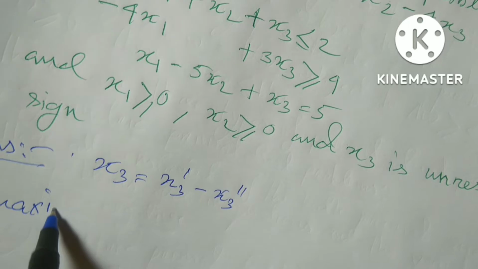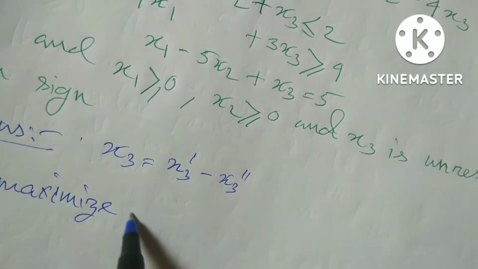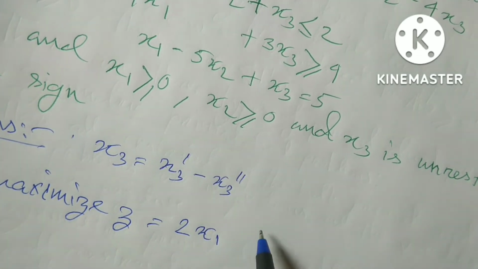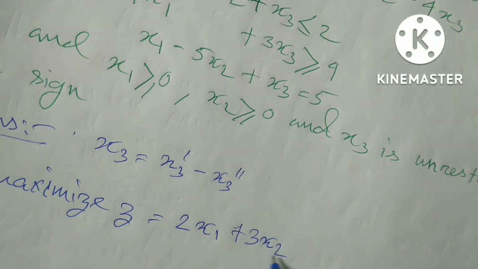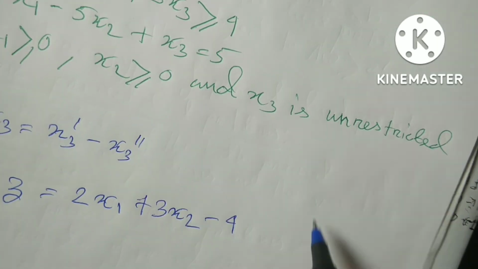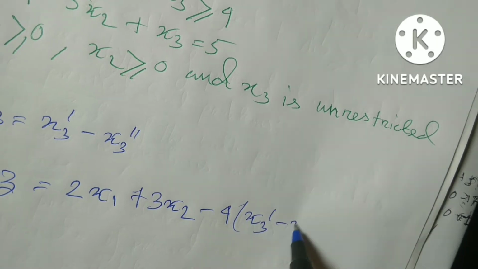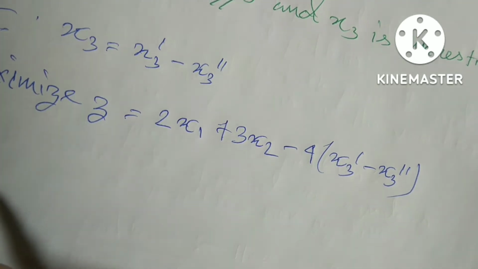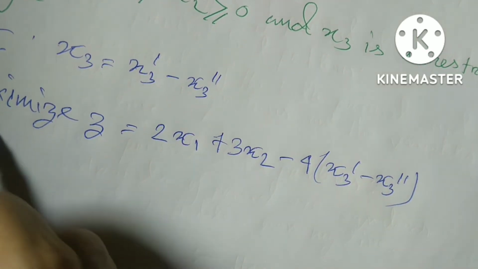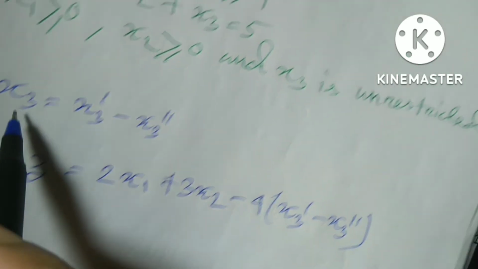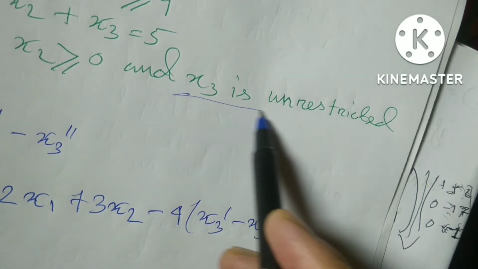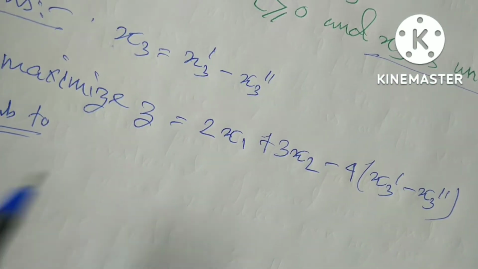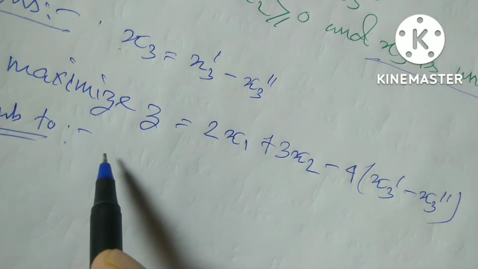Maximize Z = 2x1 + 3x2 - 4(x3' - x3''). Subject to can be written this way, as x3 is unrestricted. Must remember x3 is unrestricted, that's why I write this way.